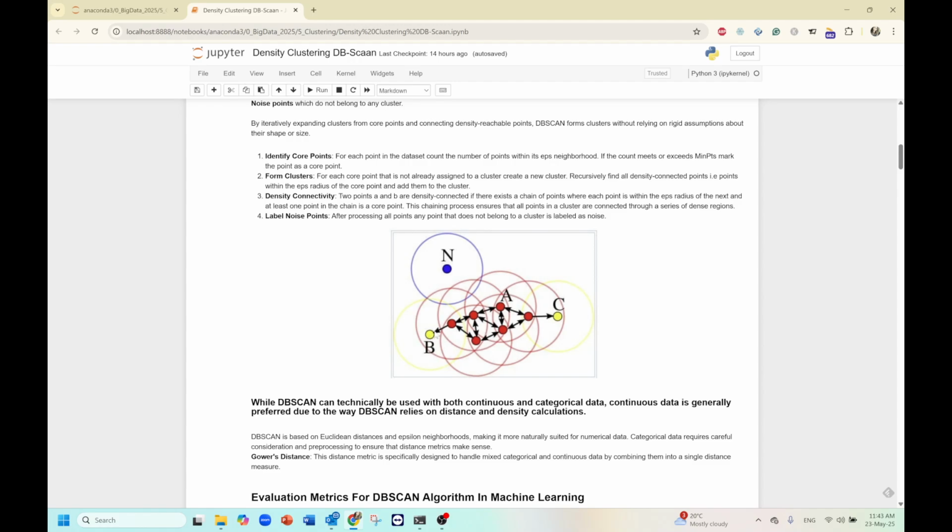Now this border point could be part of the cluster or not. What does that mean? I said earlier that the red points, the core points, expand the cluster, but these yellow points don't have the same power. They can be either part of the cluster or not part of the cluster.